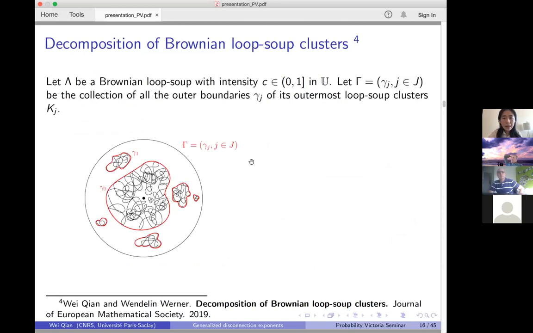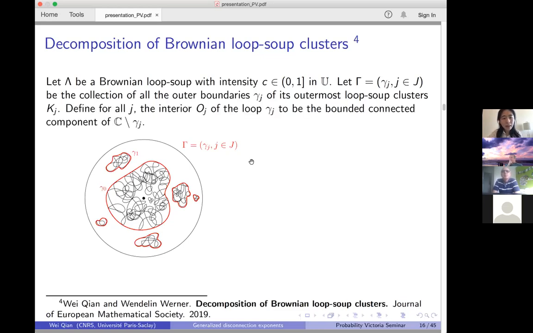Let Gamma be the collection of all the outer boundaries, gamma j, of its outermost loop soup clusters. So this Gamma is the collection of these red loops. And also for each j, let O_j be the region which is encircled by gamma j. This is just the notation we use.